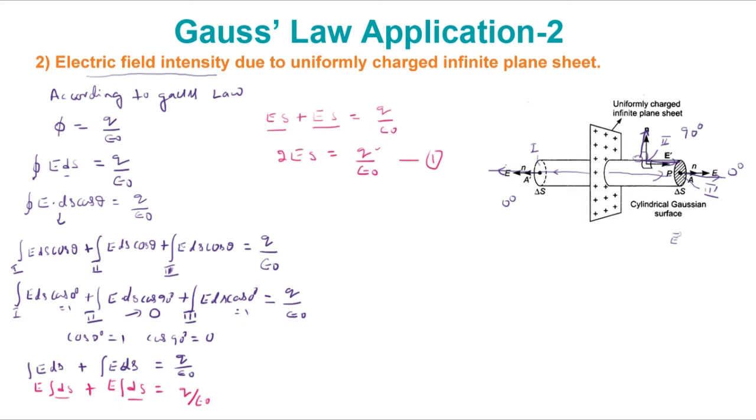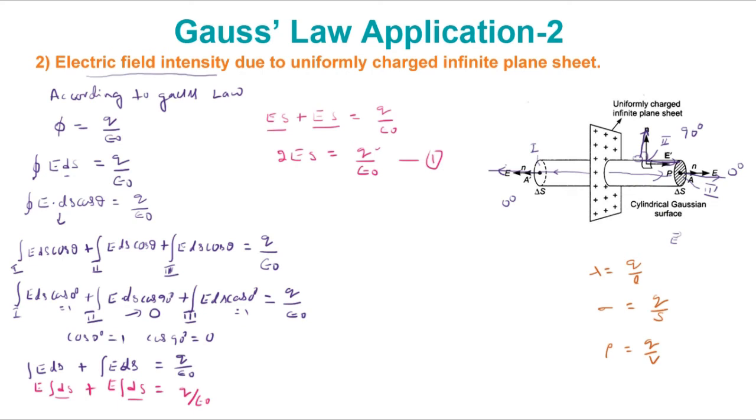I told you in a previous slide, the first one is linear charge density: lambda is equal to charge divided by L. Same way, sigma is equal to charge divided by surface area, that is surface charge density. Next, rho is equal to charge divided by volume, that is called volume charge density.